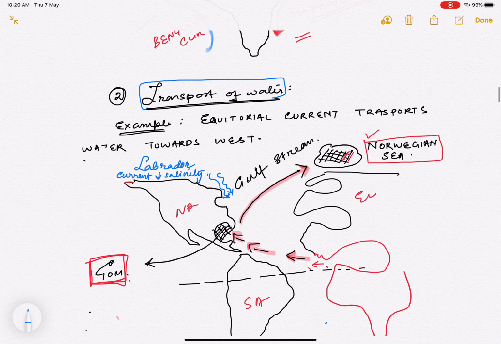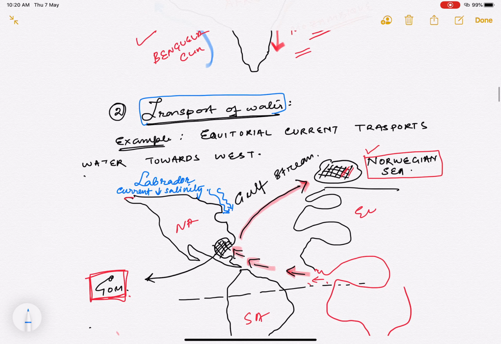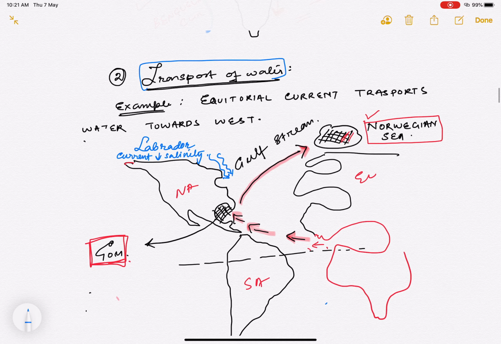Next, transport of water. See, look at this from an example perspective itself. This is your equatorial current. They are called equatorial current because they arise around the equator. This equatorial current is a driver of the salinity.